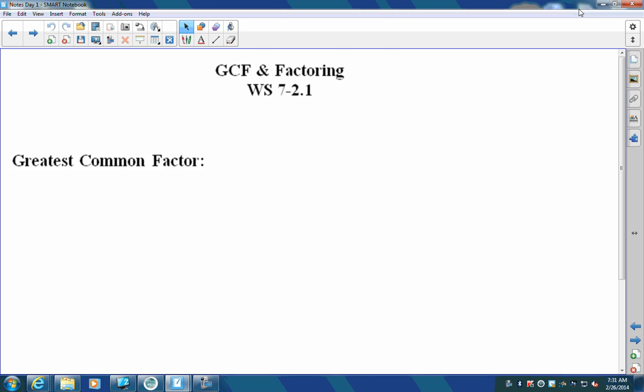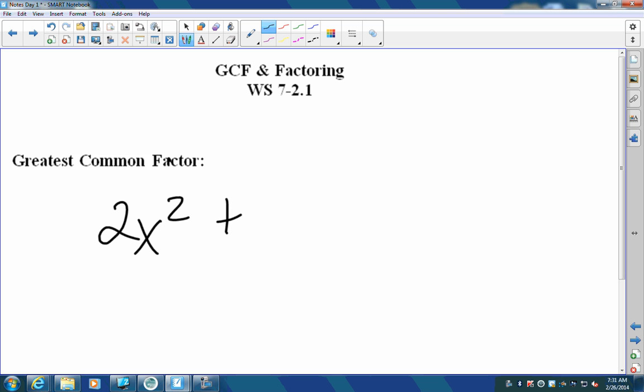Okay, so for example, if I have something like, let's see if my pen will write. No, not 7. Let's make it something that works.